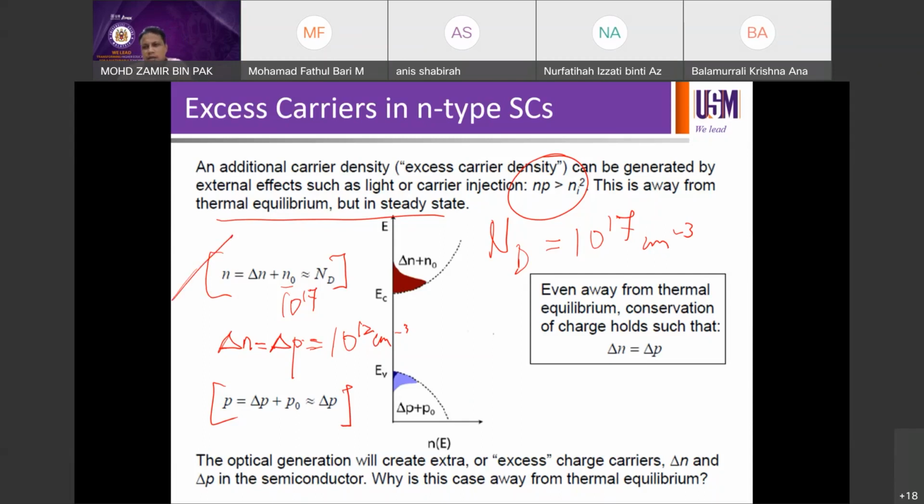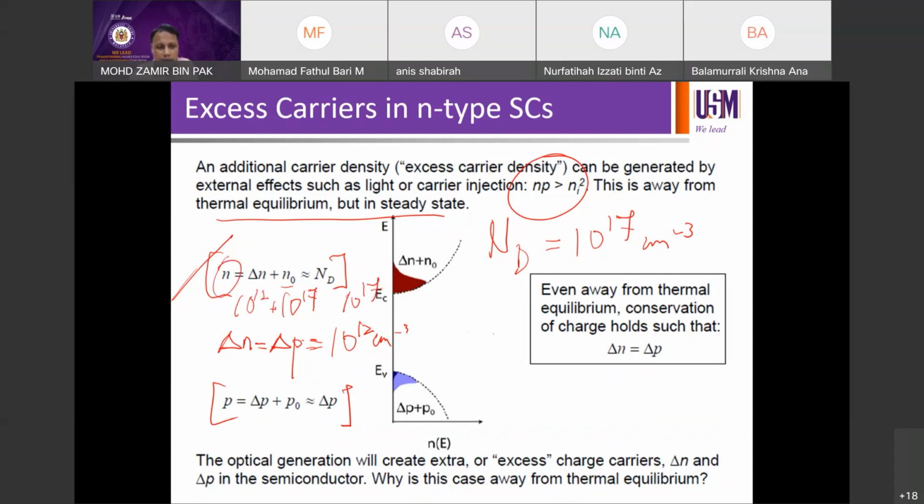Your N here is your new carriers, which is the summation of your excess carriers plus your original carriers, so delta N plus N naught, and that is almost equal to ND, because when you add 10 to the 12 to 10 to the 17, you essentially get 10 to the 17, isn't it?